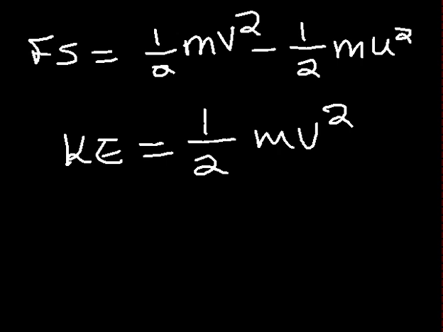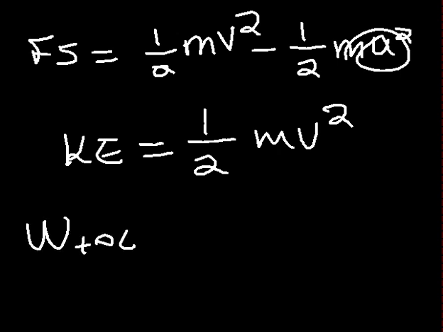Since this actual work done, which is fs, is associated with the entire journey of the object from initial velocity to final velocity, this is what we call the total work done.